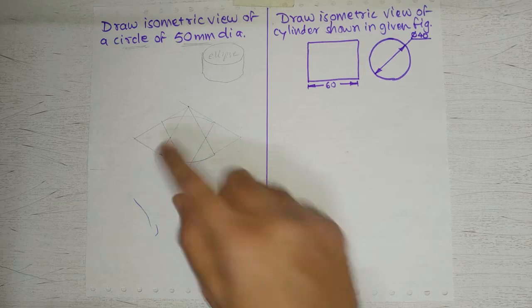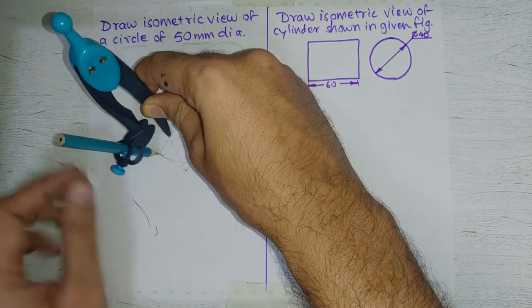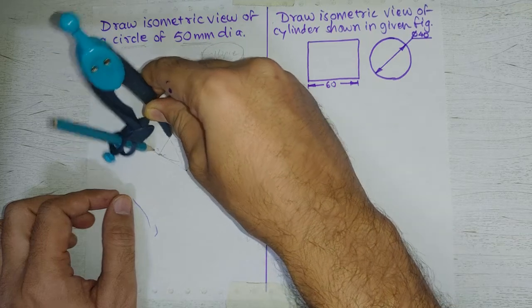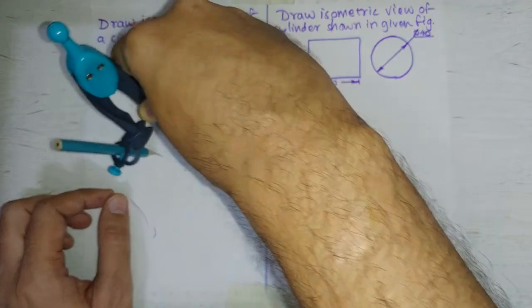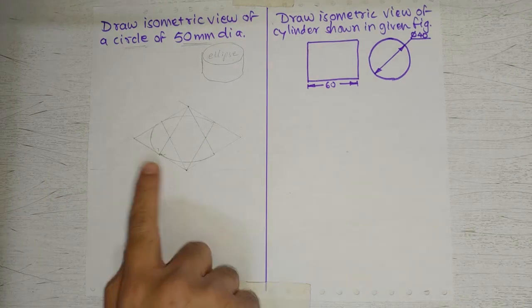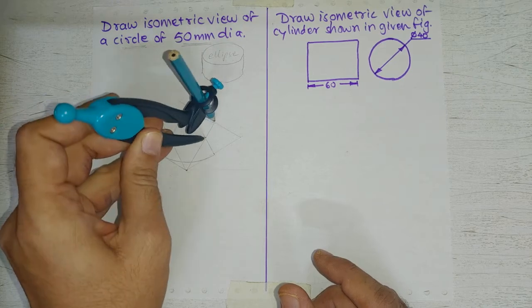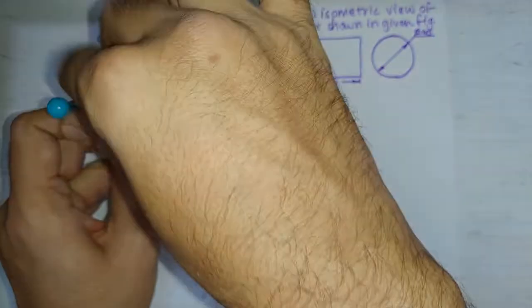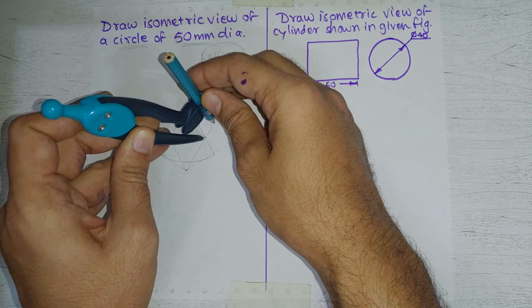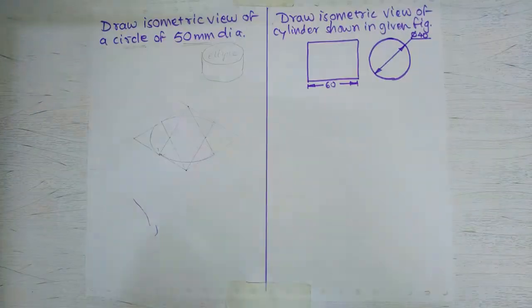Now next we are going to take this point as center and this distance as radius, and we are going to draw this arc. Similarly, we will take this point as center, this distance, and we will draw this arc.